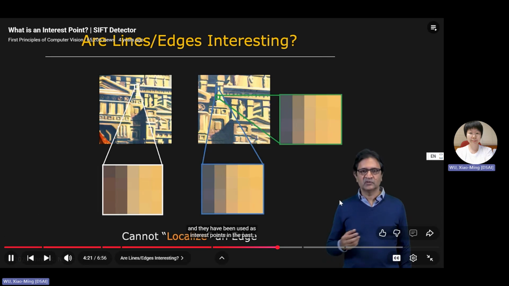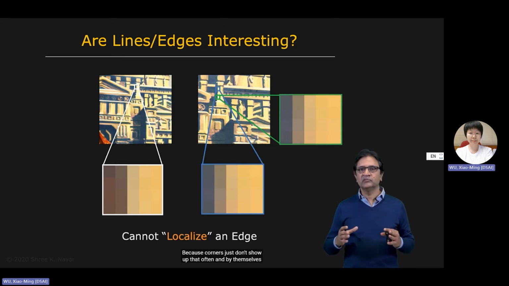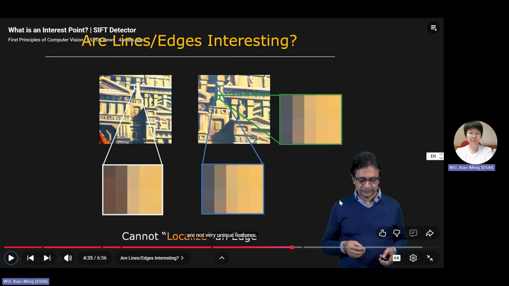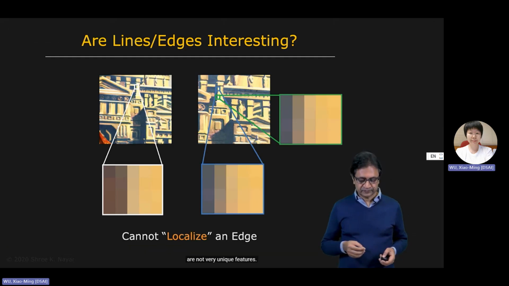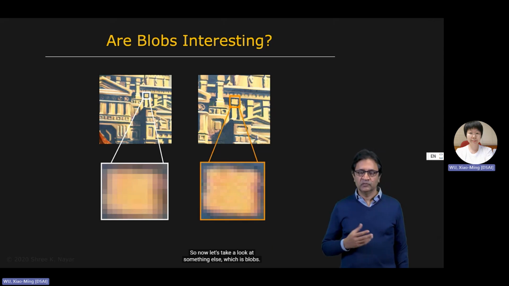They have been used as interest points in the past, but for simpler applications, not for recognizing complex objects, because corners just don't show up that often and by themselves are not very unique features. So compared to blobs, corners are not as interesting because they are not that unique.